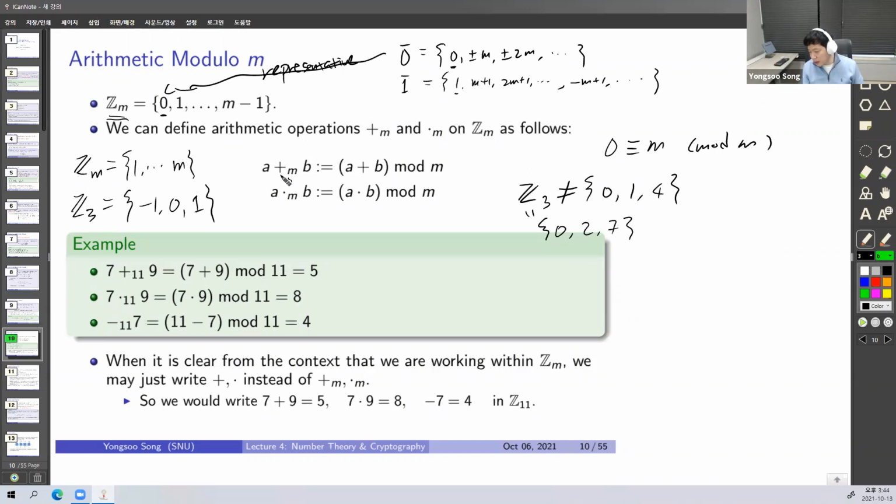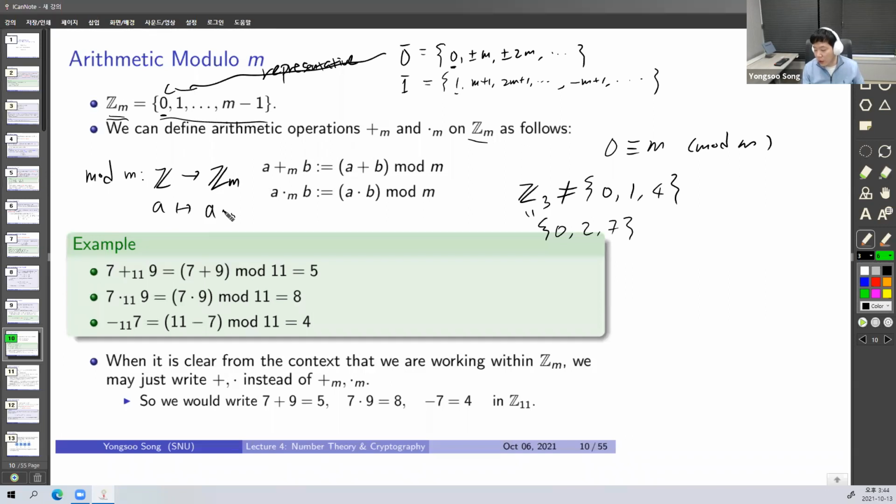And we define addition and multiplication operations over this Z_m set. We are going to stick to the standard definition just for now, to avoid confusion. So this mod m returns an integer. Now we can say mod m is a function from Z to Z_m.